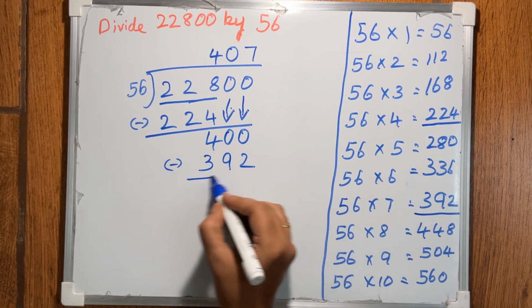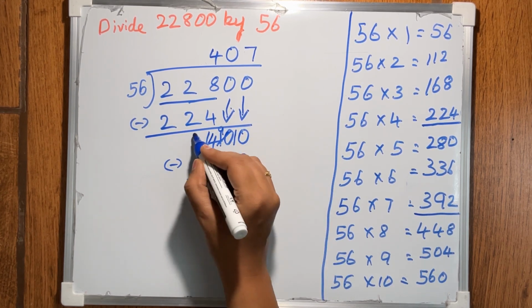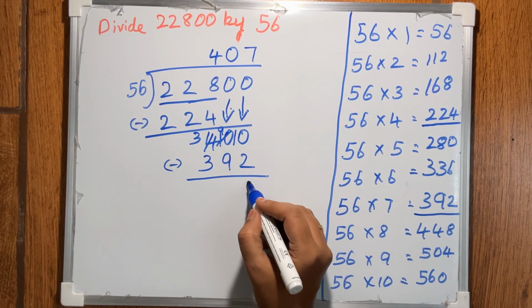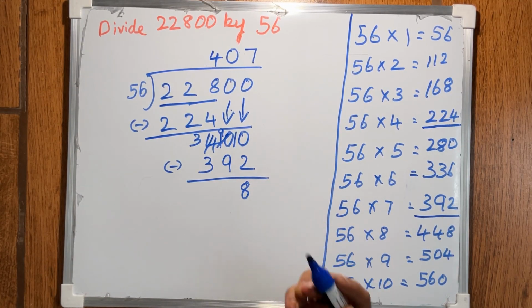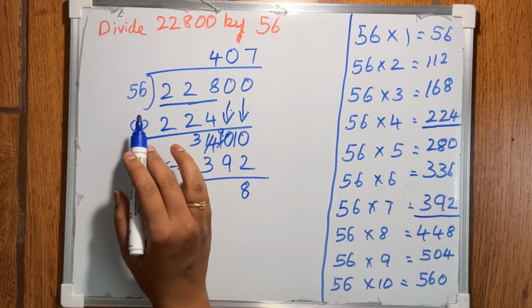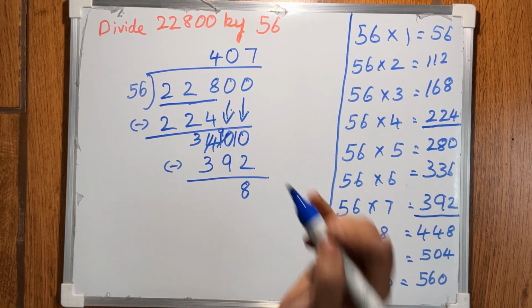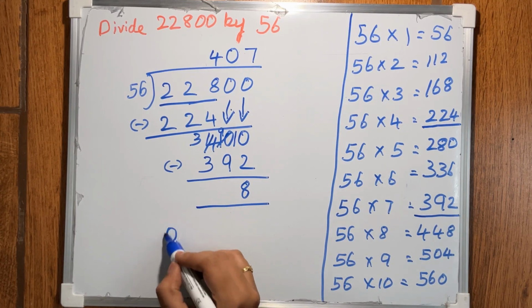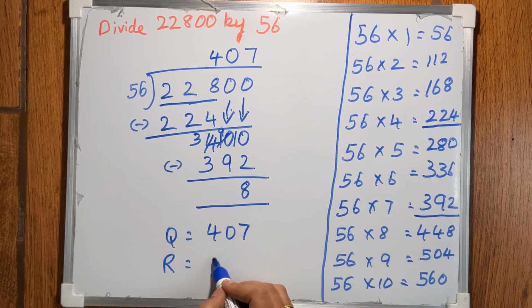So let's subtract, do the borrowing. 10 minus 2 is 8. 9 minus 9, 0. 3 minus 3, 0. Can we divide 8 by 56? No. Are we having any other next digit to bring down? No. And hence the quotient is equal to 407 and the remainder is equal to 8.